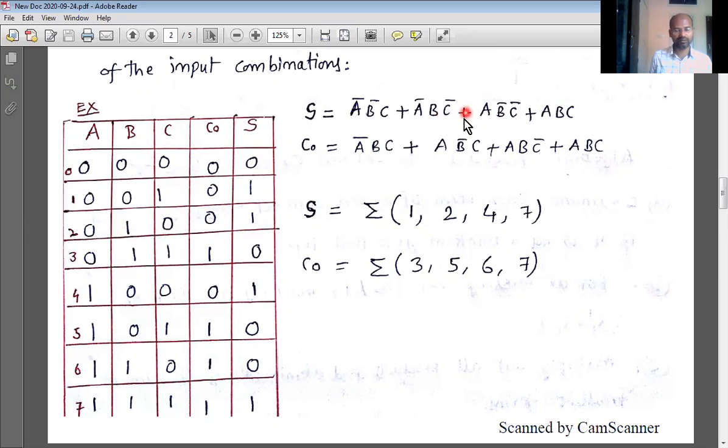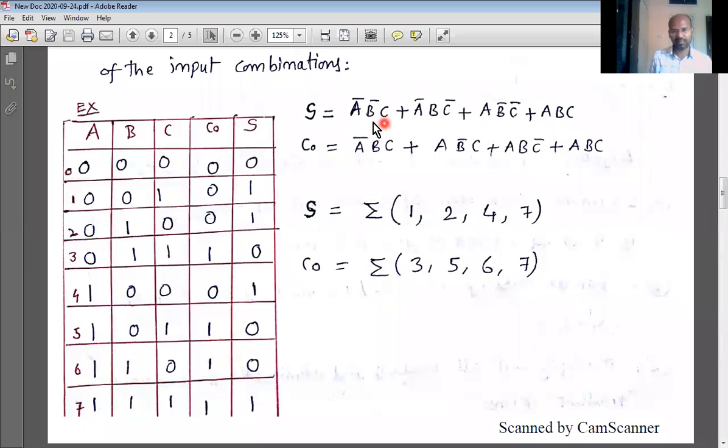Plus we have to sum all the minterms. So this combination is over. This one is also over. So it is A, B bar, C bar. And the last one is A, B, C. So we have written the sum of all the minterms, and the sum of all the minterms is nothing but the canonical sum of product.